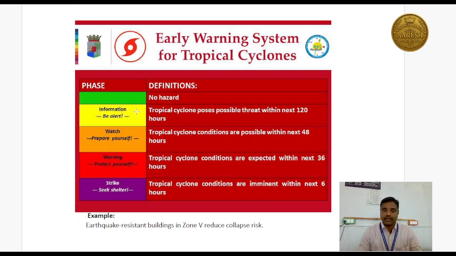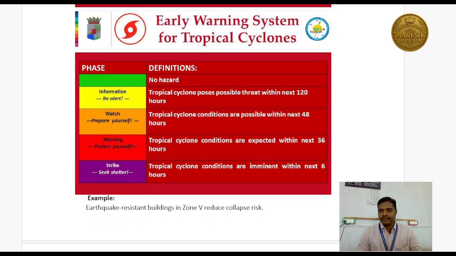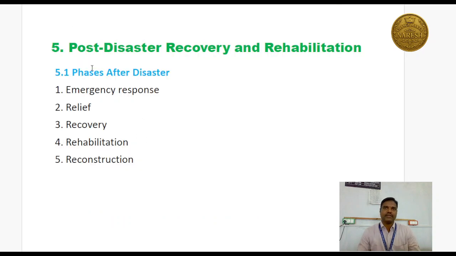Or it may also apply to earthquakes. If you see the example of that, an earthquake resistant building in zone 5 reduces collapse risk also. The main thing you should understand is that once the disaster happens, we go for post disaster recovery and rehabilitation. The phases after disaster: the very first thing we should take up is emergency response.